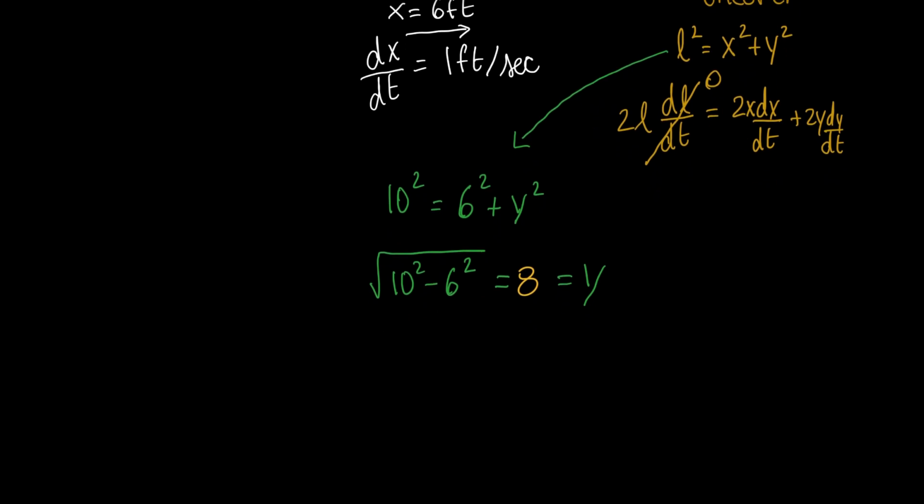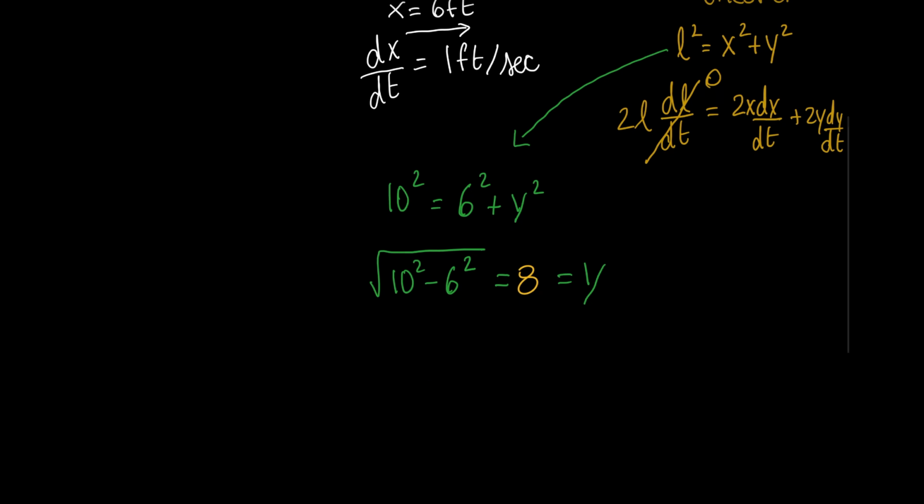Okay, now I'm going to be rewriting the derivative from before, and after that, I will substitute in all the values we know, and then we can get dy over dt.